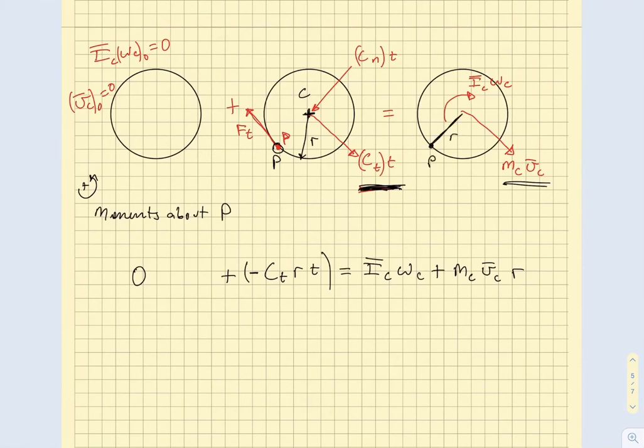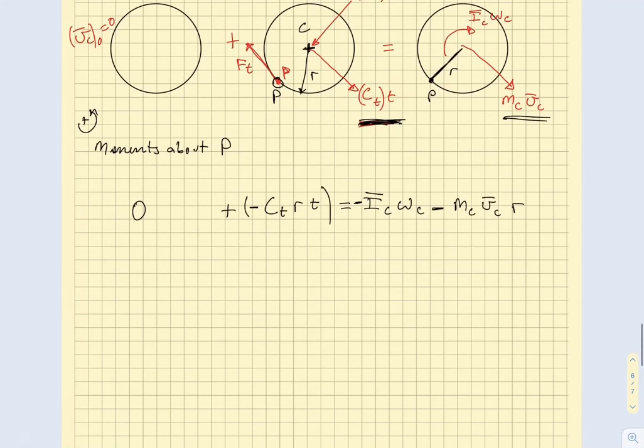This should be equal to, and then I have the I bar C omega C, and then we can add in the mass, velocity, and the perpendicular distance here.